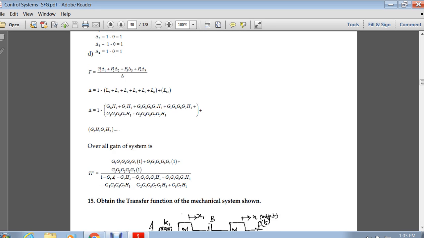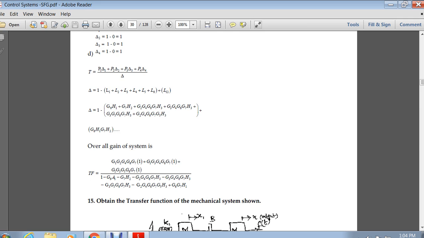So the transfer function is equal to G1 G2 G4 G6 G7 into 1 plus G1 G3 G4 G6 G7 into 1 plus G1 G3 G5 G6 G7 into 1, whole divided by 1 minus G6H1 minus G7H2 minus G2 G4 G6 G7 H3 minus G3 G4 G6 G7 H3 minus G3 G5 G6 G7 H3 minus G2 G4 G6 G7 G5 H3 plus G6 G7 H1 H2.